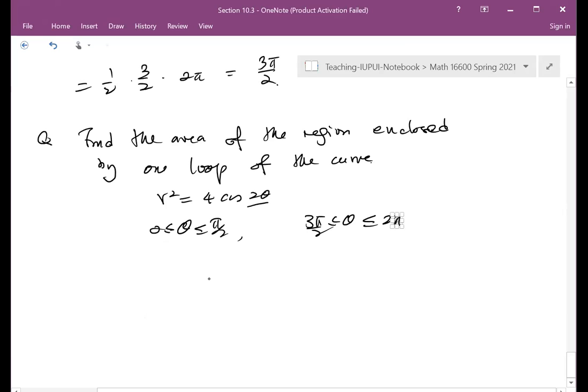Because of the nature of this graph, this is the angle, you have to rotate it completely from 0 to 2 pi. And only when theta is in these two intervals is cosine 2 theta positive, so you can solve for it. So you can solve r equals plus minus 2 square root of cosine 2 theta.